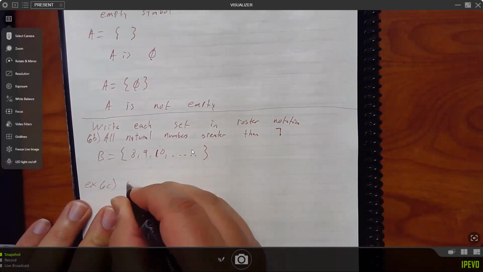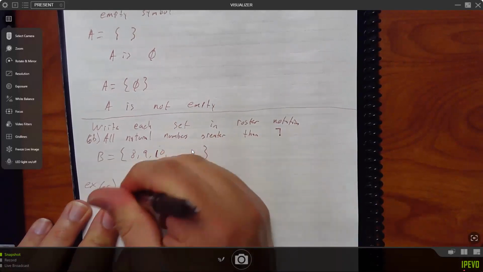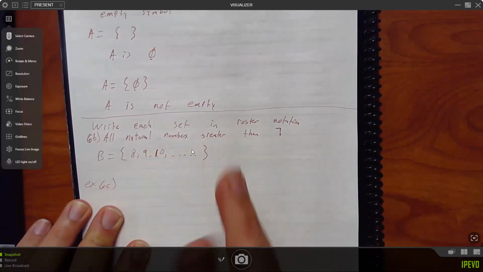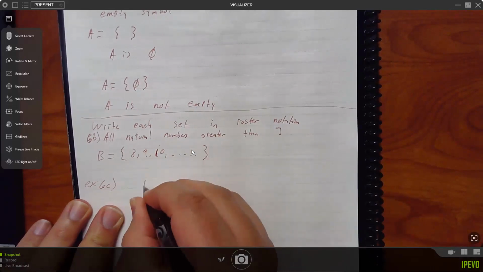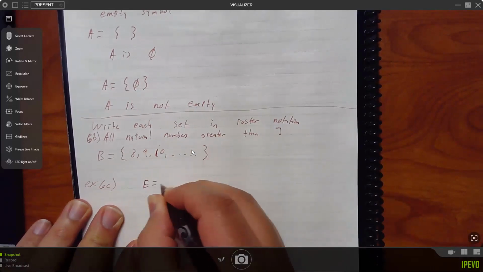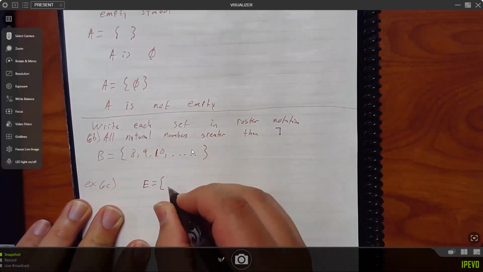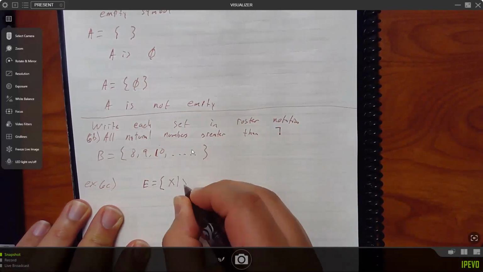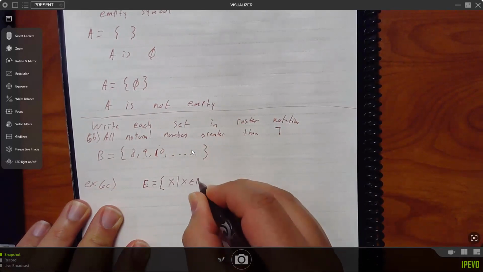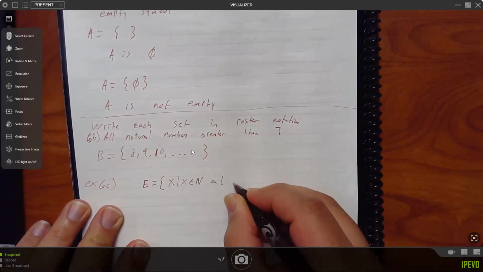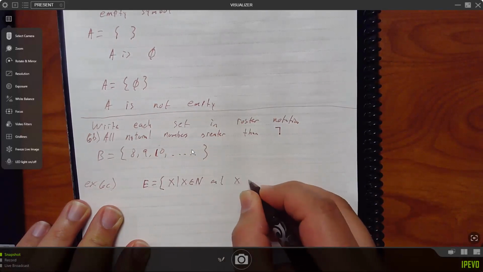They had it in set builder: X such that X is odd, right?